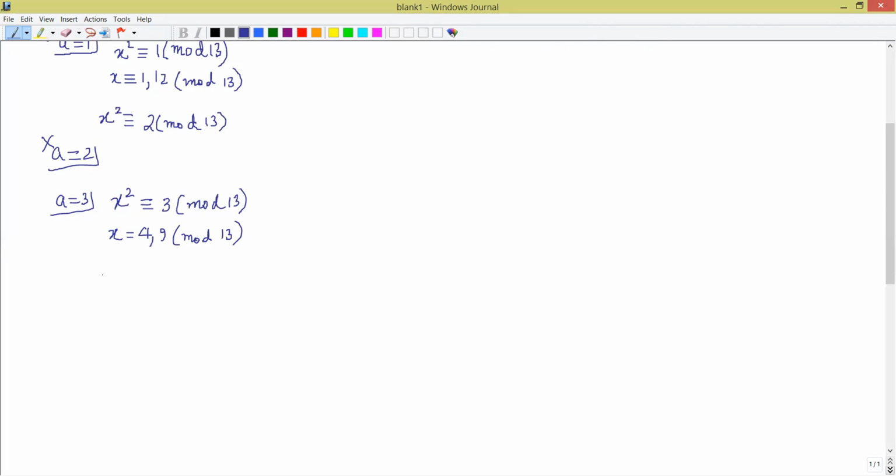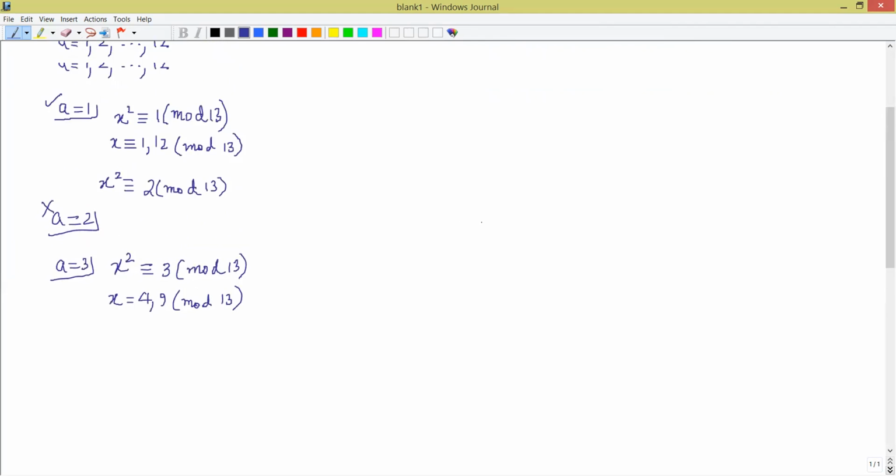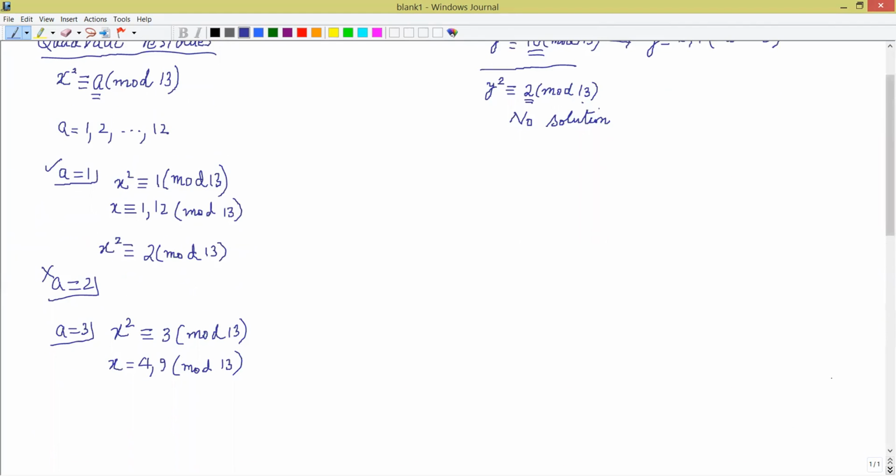Okay. So similarly, 1 is a quadratic residue, so it means 1 square or 12 square is a solution. 2 is not a quadratic residue. 3 is a quadratic residue.